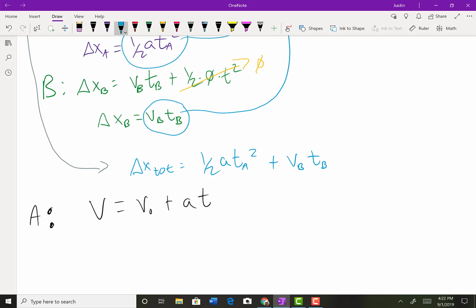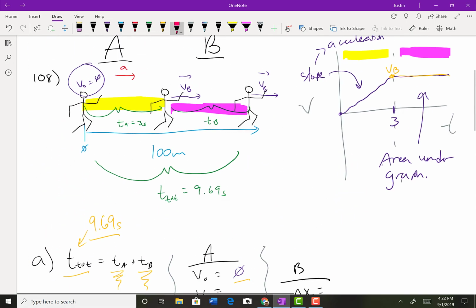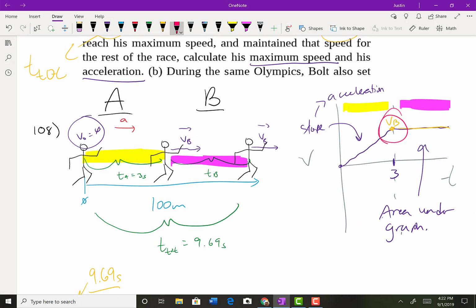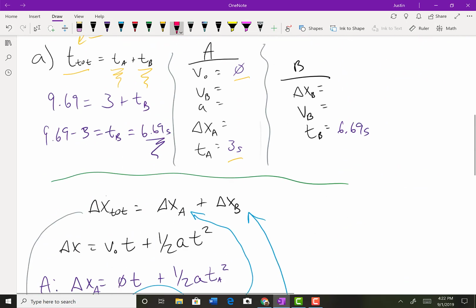I'm going to use all this A information to get the final velocity at A, which is actually going to be VB. Because again, like I said before, check out this graph. The final velocity at part A is equal to VB because that's the velocity at which he coasts after that.